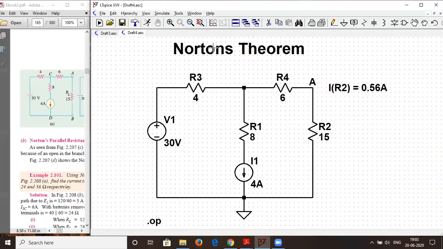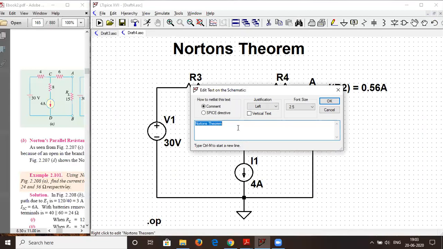And here, instead of writing Norton's theorem, we are finding the short circuit voltage across the terminals A and B over here.